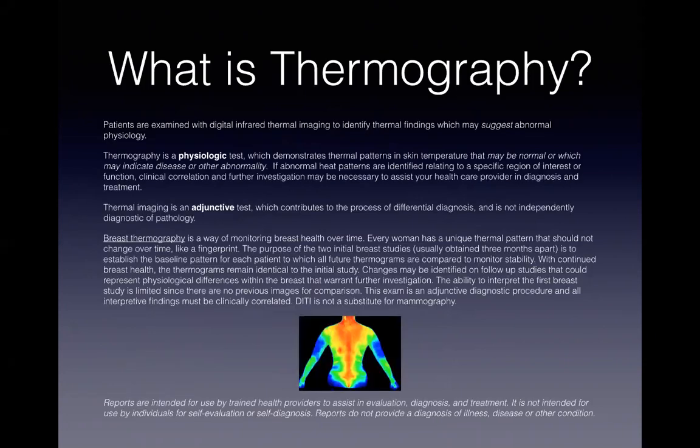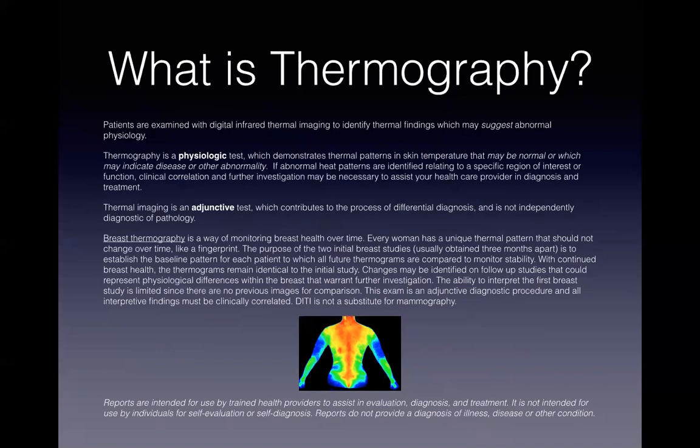So thermography captures and records temperature variations on the skin, which is the largest organ of the body. The surface of the skin provides vital information that is directly influenced by complex metabolic and vascular activity below the surface of the skin.